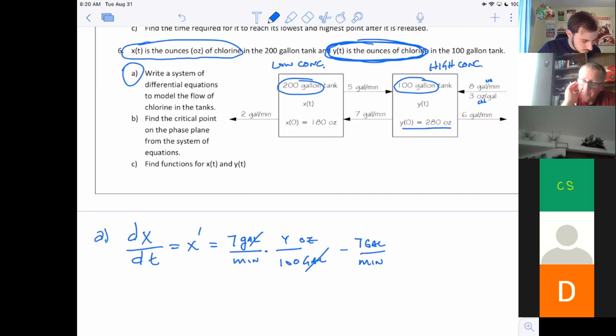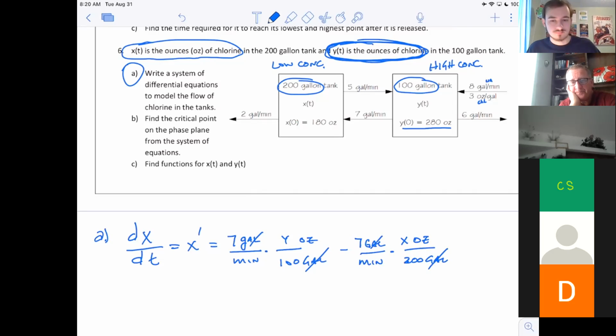Again, that's liquid, but how much of that is chlorine? Same as before, except we're in the X tank. That'd be X ounces from that tank per, not 100, but 200 gallons in this tank. So gallons cancel, and all the units are ounces per minute. dx dt is ounces per minute: rate in ounces per minute, rate out ounces per minute.